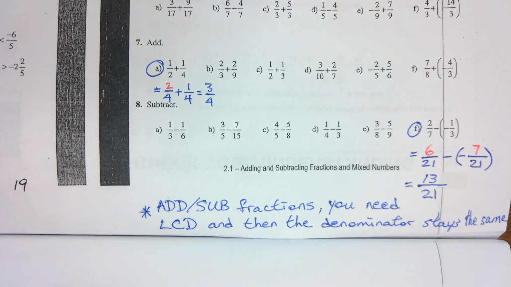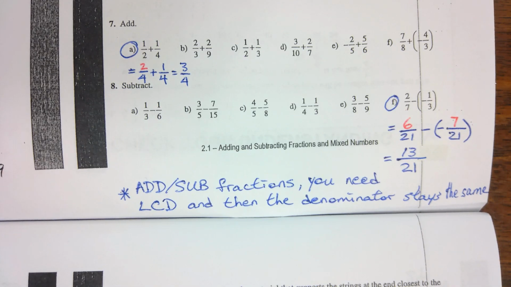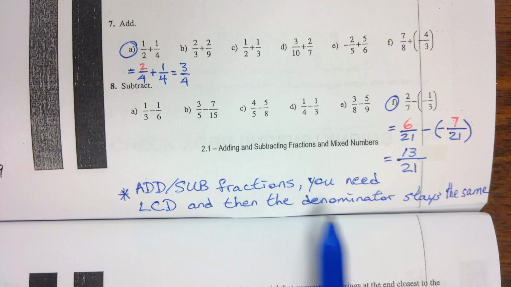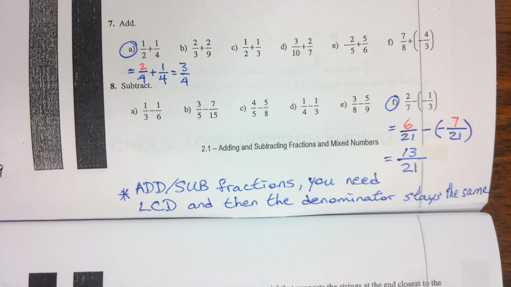So when you add or subtract fractions, you need a lowest common denominator, and then the denominator stays the same.